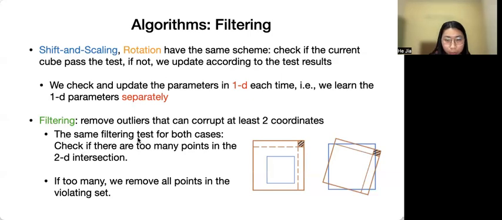We use the same filtering test in both cases. We check if there are too many points in the 2D intersection of the slabs. In both cases, let's first see this shift and scaling figure. This is a slab on the boundary.